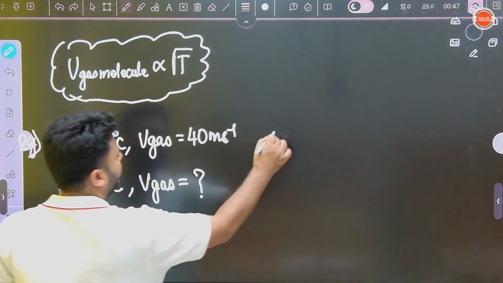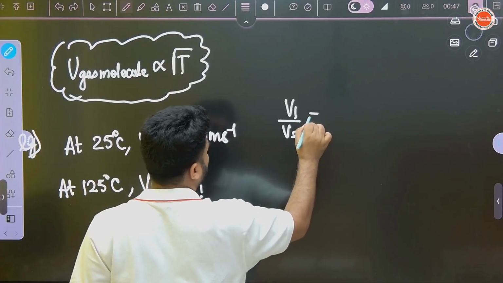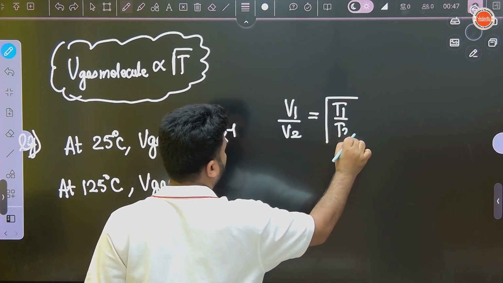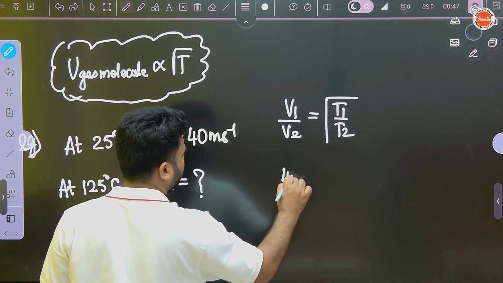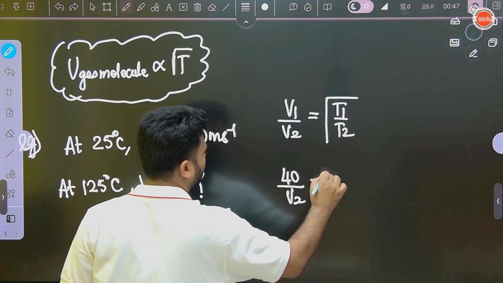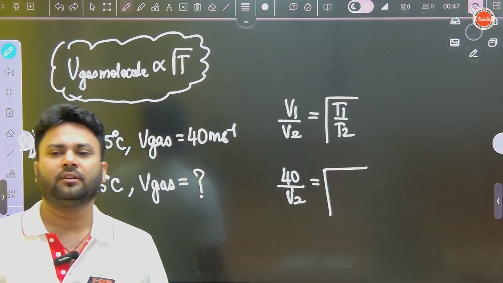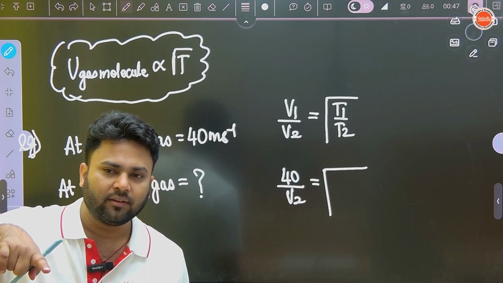So we can write V1 by V2 equals root T1 by T2. V1, how much is the given velocity of gas? 40 divided by V2, they are asking, equals root T1. What was the temperature? 25. But don't make this mistake of writing 25.